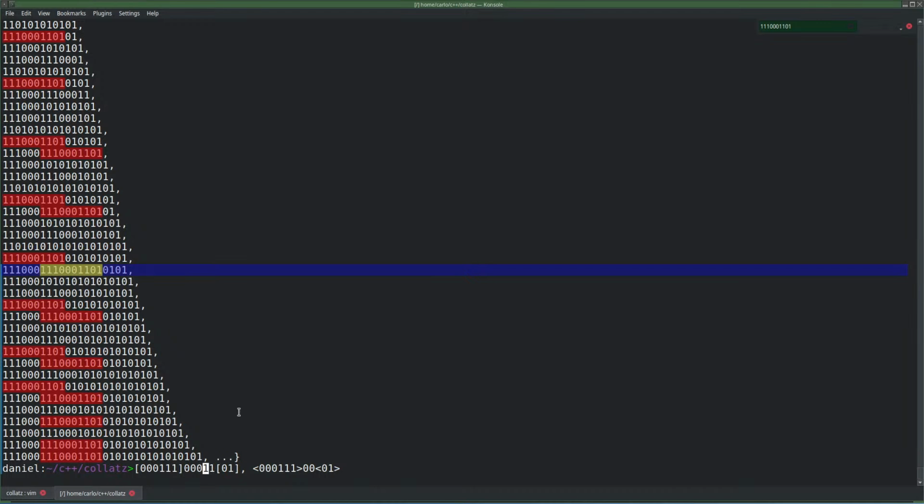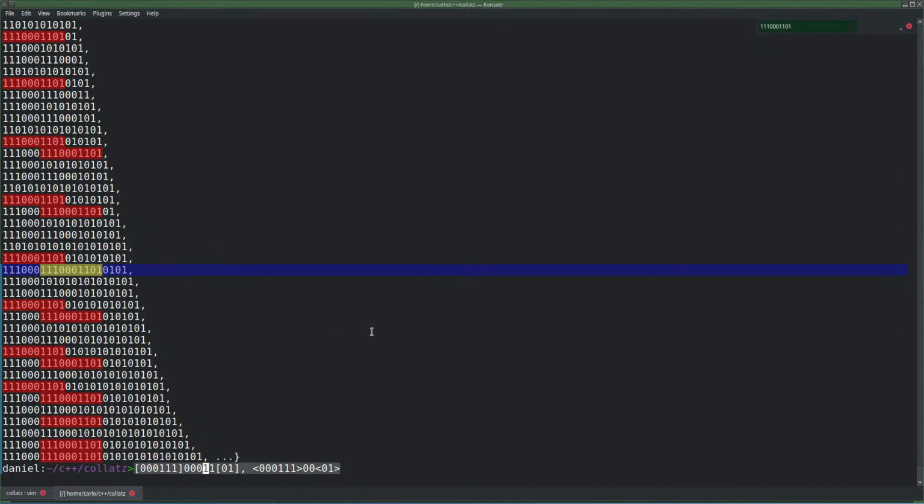Thirteen. 3 and then 13. I think these are the two.